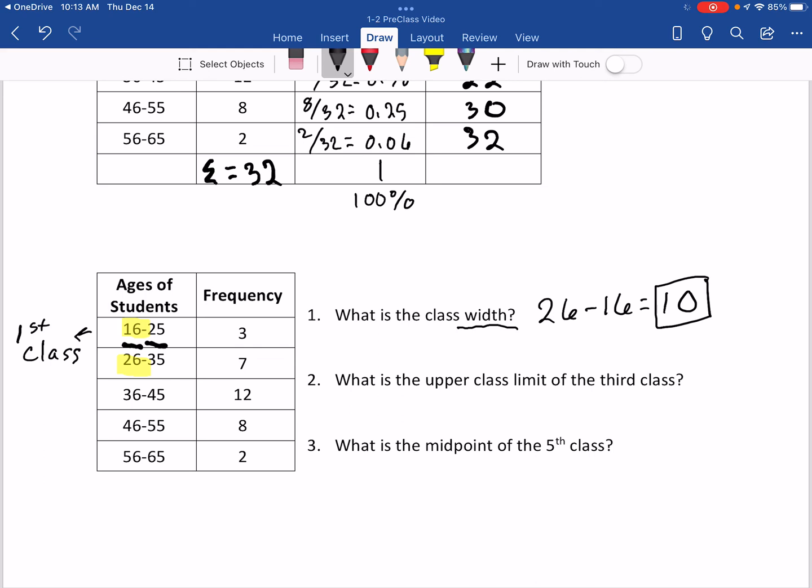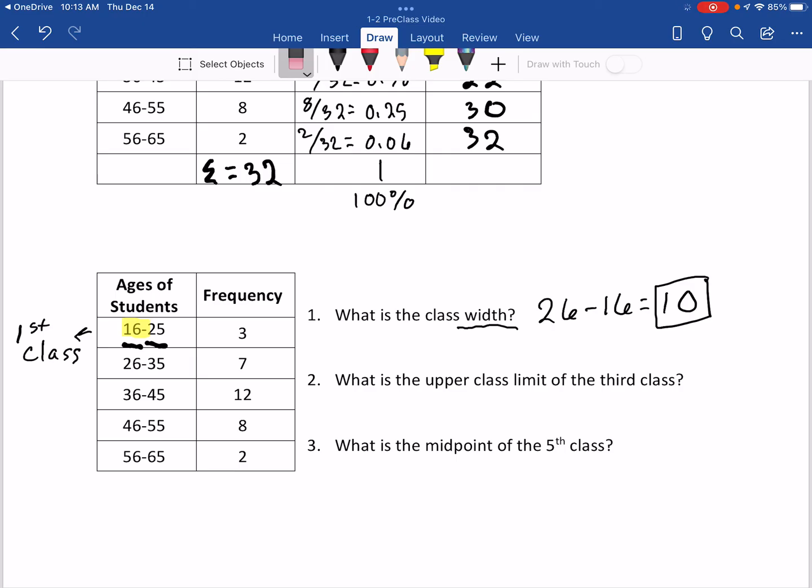It is the difference between consecutive lower class limits. And when Christina earlier said equal classes, what she was talking about was that all of these have a class width of 10. So the difference between 16 and 26 is 10, and then 26 and 36, 36 to 46, 46 to 56.